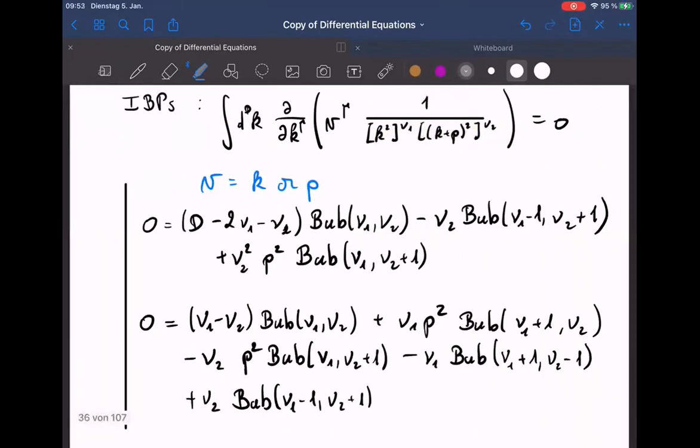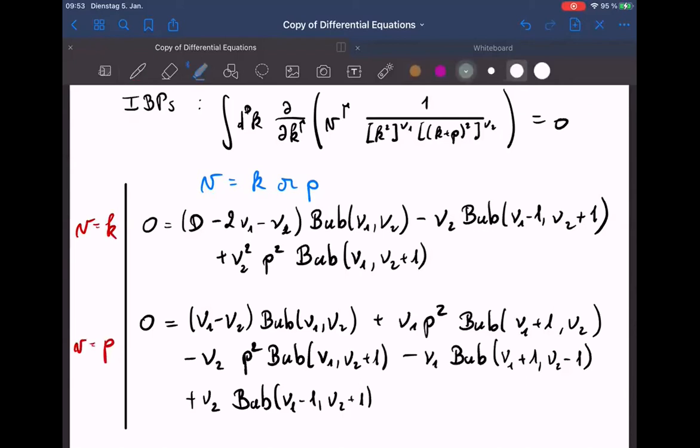So if I now evaluate this derivative, you can easily do it. I just show you the result, but it's a one-line thing. The first line is v equals k. The second line is v equals p.